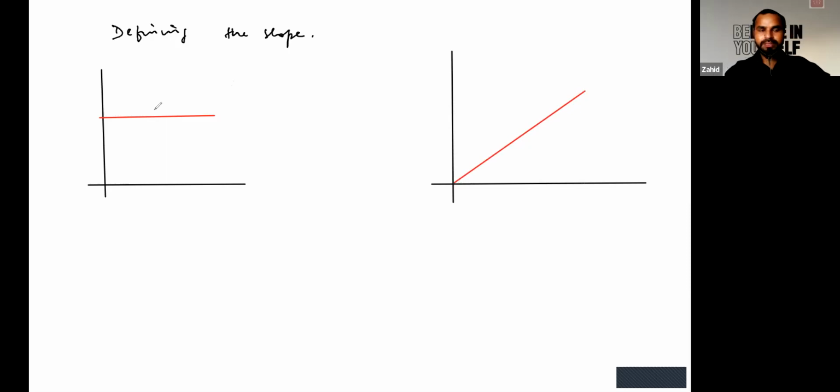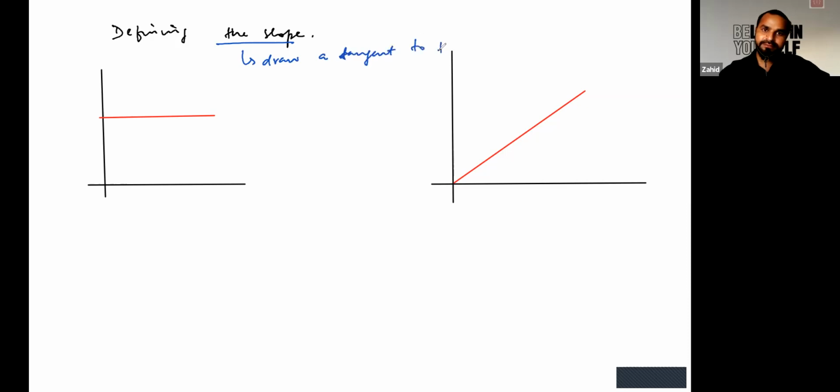Slope means the tangent to that particular given curve. So if you draw a tangent over this particular line, it will just coincide over there. So the inclination of that tangent with respect to the x-axis will define the slope of the curve at the given instant.